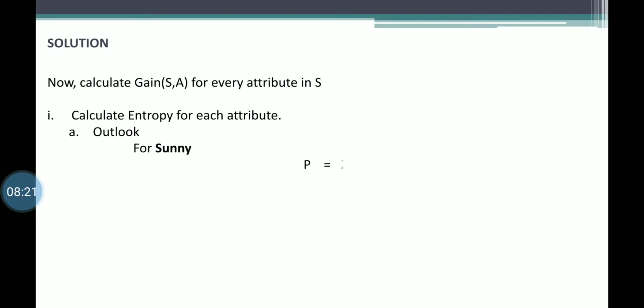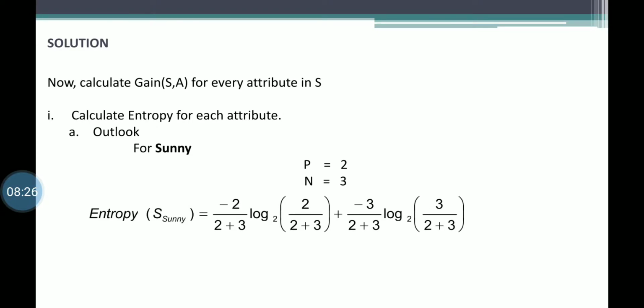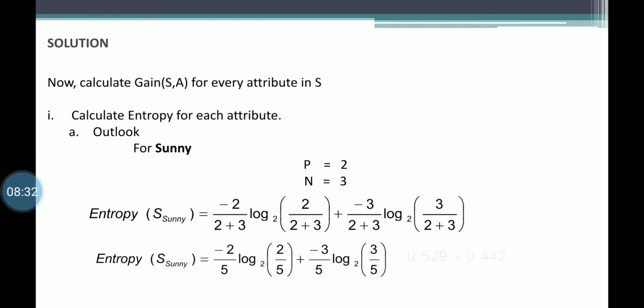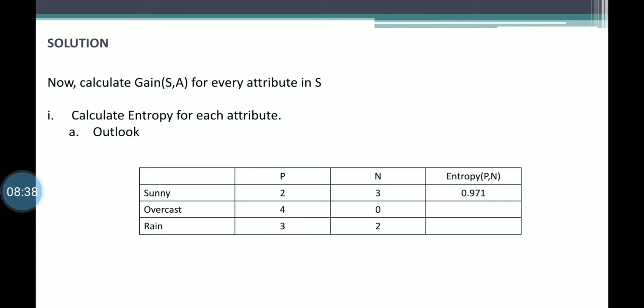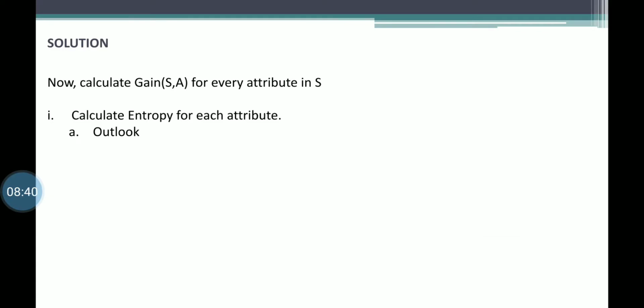For sunny, we just note down the values and substitute them in the entropy formula, like how we did for the sample entropy, and calculate. You will be getting the value as 0.971, and that should be put in the table. For 4, 0, you can put it as 0 directly.